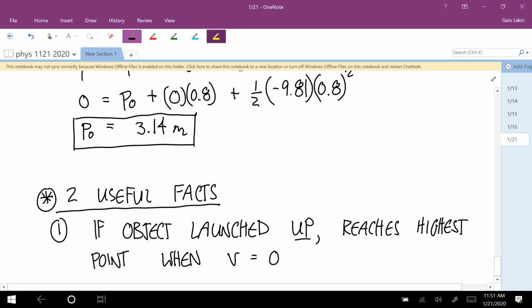Okay, so if something is launched up into the air, it starts out with an upward velocity, slows down until it has 0 velocity, that's the highest point, and then it starts to have a downward velocity after that.